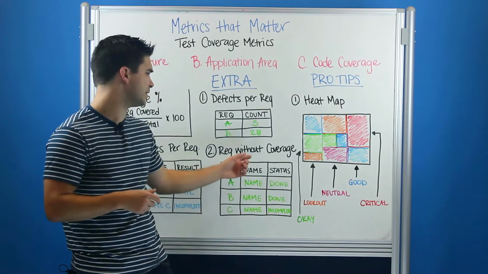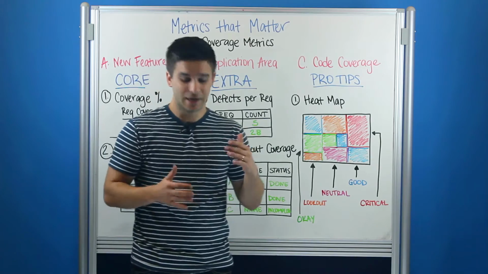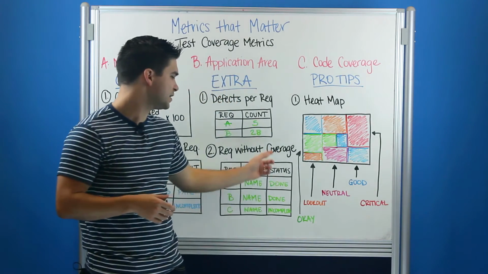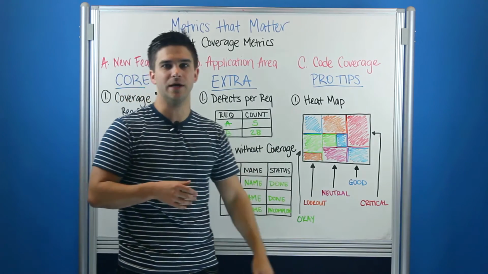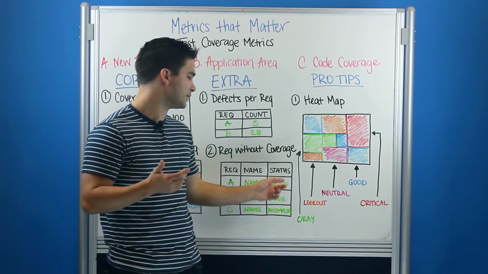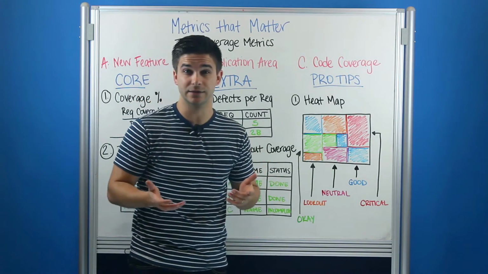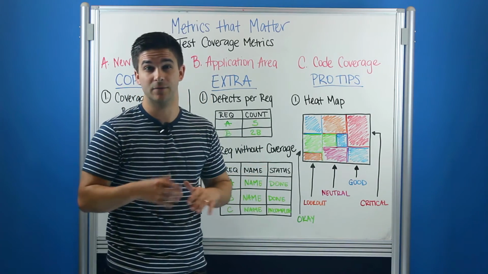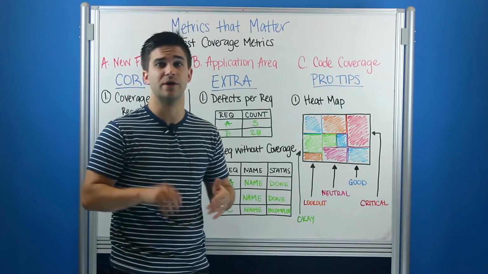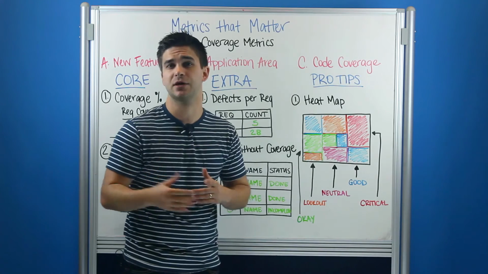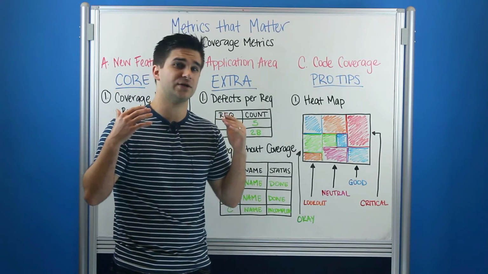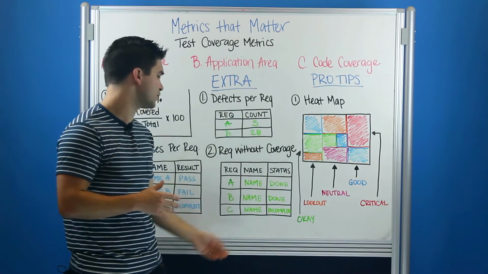The next one is looking at requirements without coverage. This looks back at the 10% that we didn't have covered and asks, what is the particular status of those requirements? Keep in mind, if you've got a ton of requirements in done status with no coverage against them, that means you're about to release a requirement or user story out into production, or out into a staging area for your other members to use, and you've never tested it.